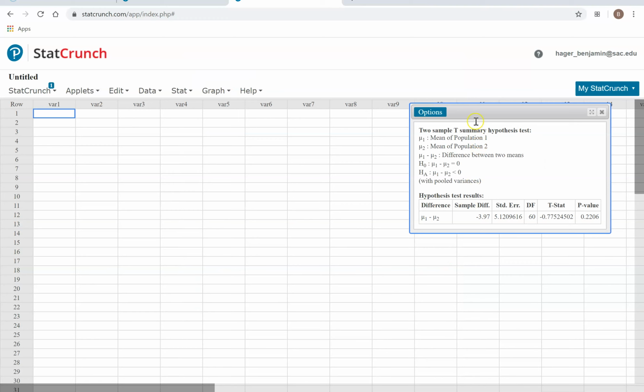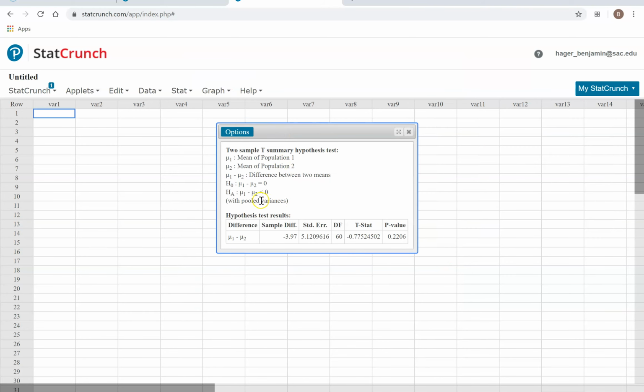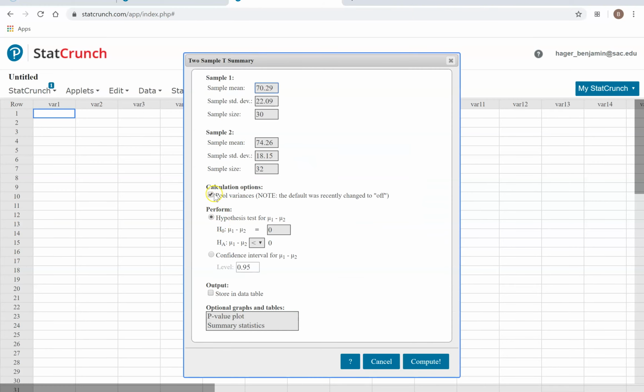Okay, let's see what we got. With the pooled variances, here was my test statistic, negative 0.775. I said 0.770, right? And there's our p-value, 22%. Let me go back and unpool it. Let's see how the p-value and t-stat change when I unpool it.